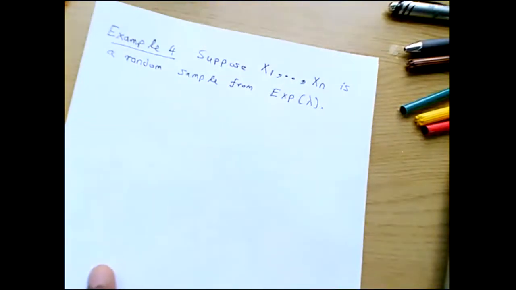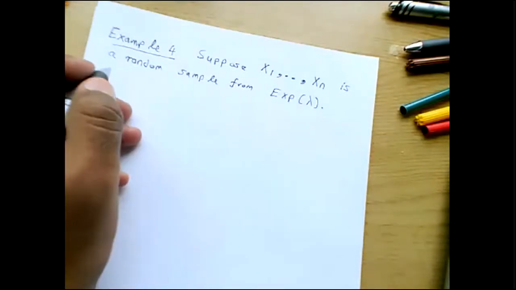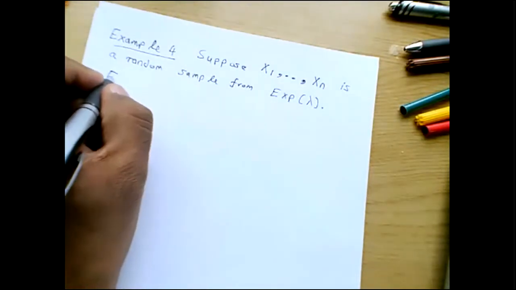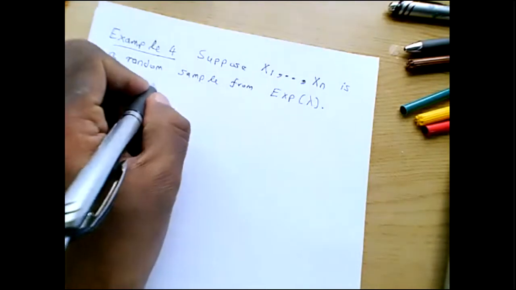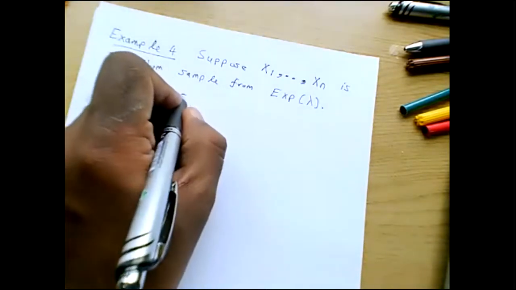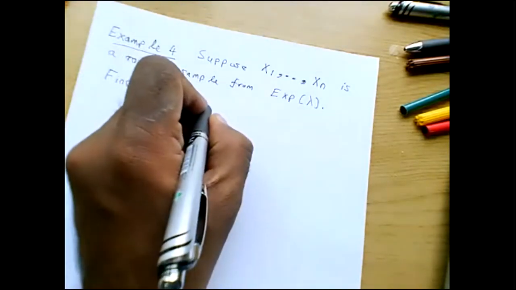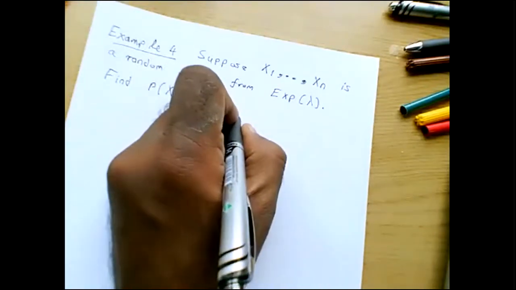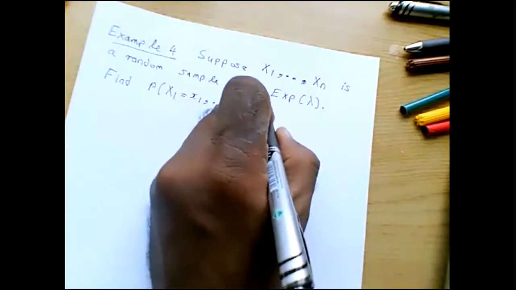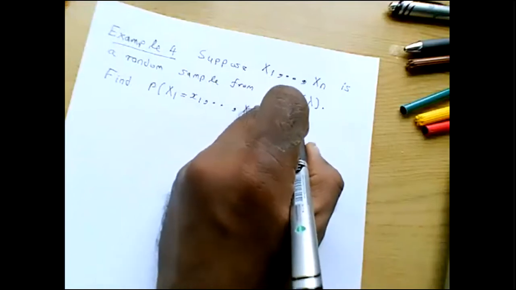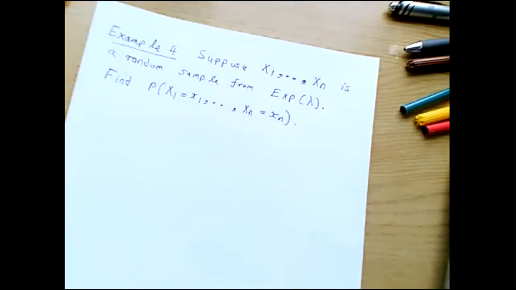Suppose you have a random sample from an exponential distribution with parameter lambda, right? Find the joint probability that, find this joint probability.